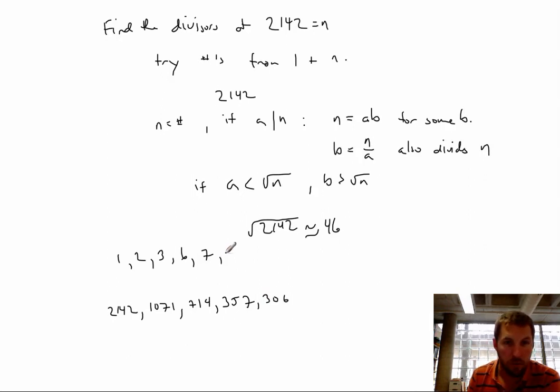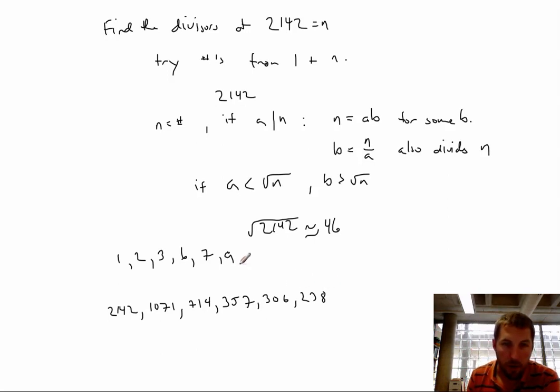Okay, how about 8? Well, if 4 doesn't go in, then 8 doesn't go in, so we'll skip 8. 3 goes in, so 9 might go in, and actually, in fact, it does. 9 goes in, and we get 238.